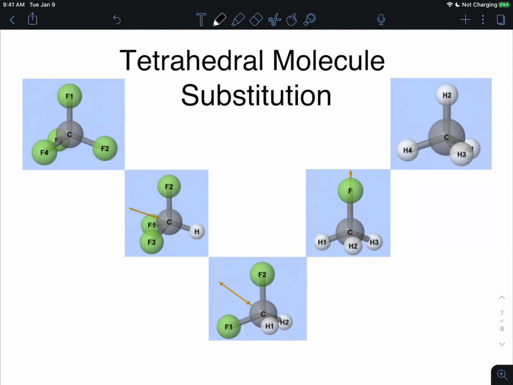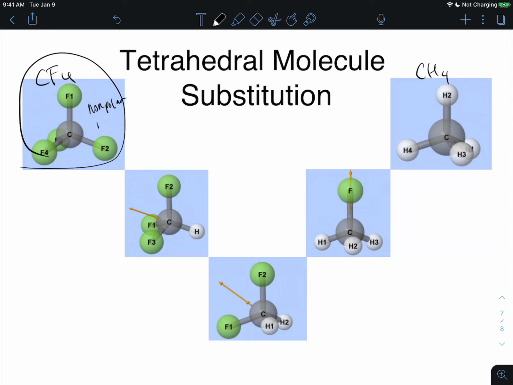Okay, let's just real quick look at tetrahedral molecule substitution to kind of see this in action again. So here we have CF4, here we have CH4. A carbon-fluorine bond is highly polar, a carbon-hydrogen bond is nonpolar, but here we have a nonpolar molecule.